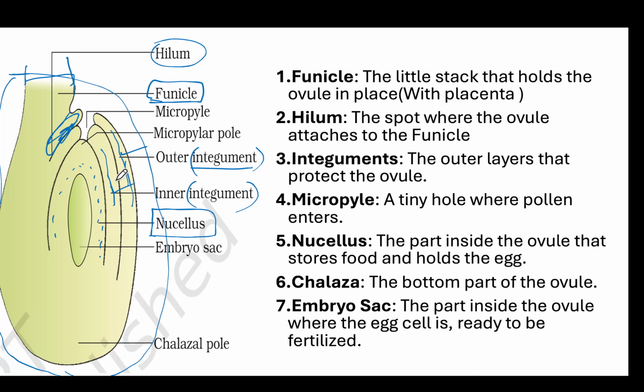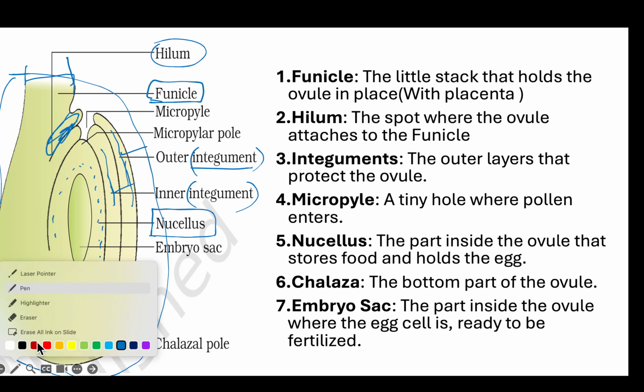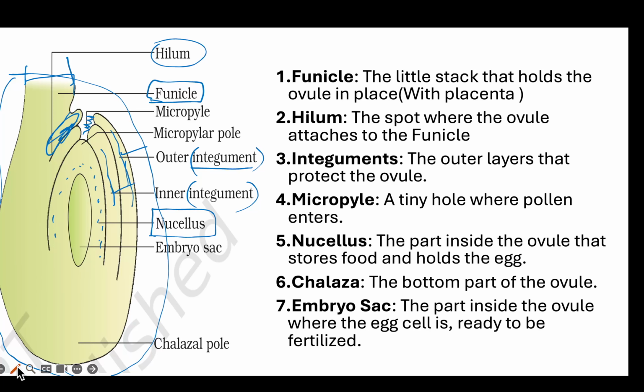But these two coverings are not continuous. There is some space at the top. Any idea why there is some space at the top? Think about it. If there is no space, how will the male gamete, or we can say the pollen grain or the male gametophyte, enter inside the ovule? There must be some opening, right?